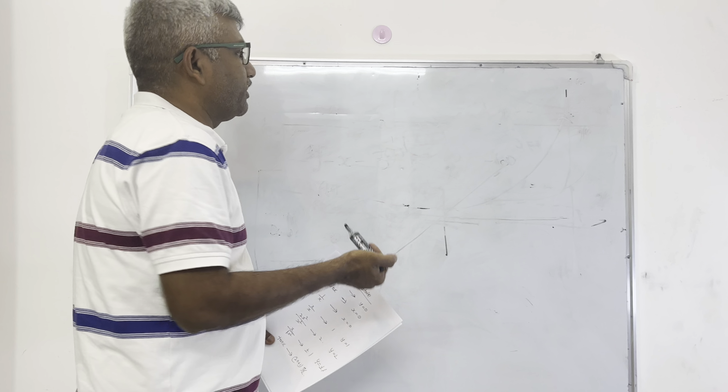And if ln x is there, x equal to 0 is a vertical asymptote. And 1 over x also has the vertical asymptote x equal to 0.